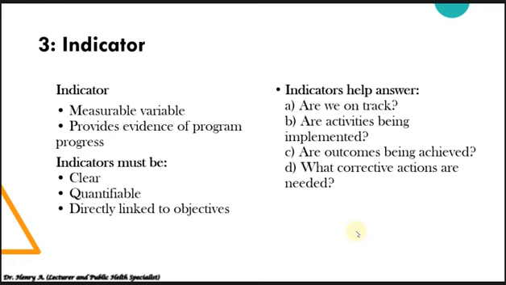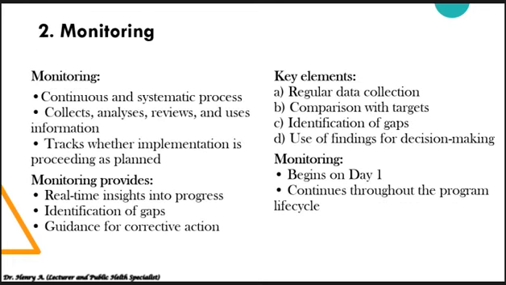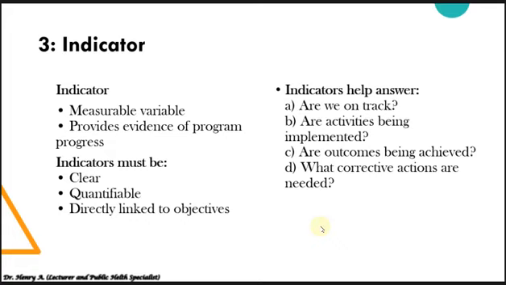Number 3 is the indicator. For the indicator, we are looking at the definition, which is a measurable variable that provides evidence on whether a program is achieving its objectives. An indicator is a measurable variable that provides evidence on whether a program is achieving its objective, whether the program is making progress.